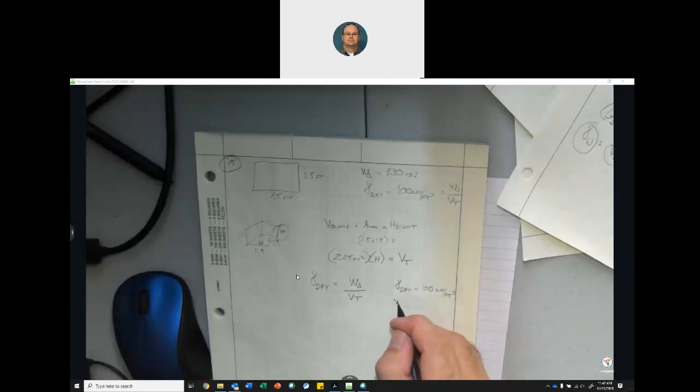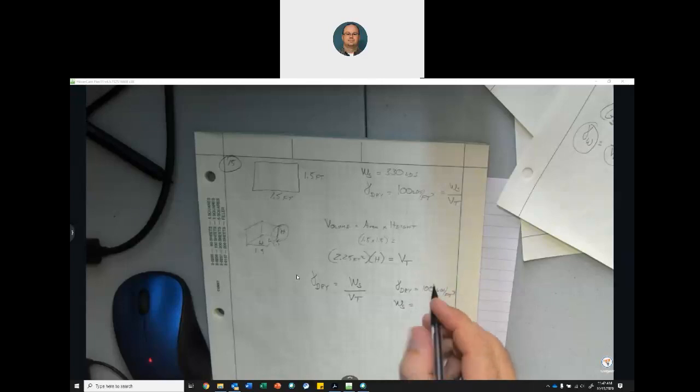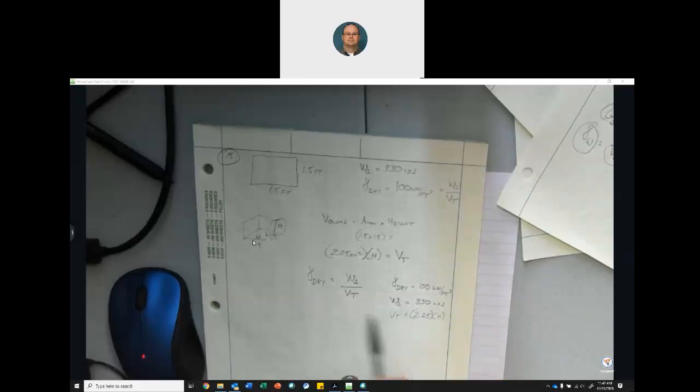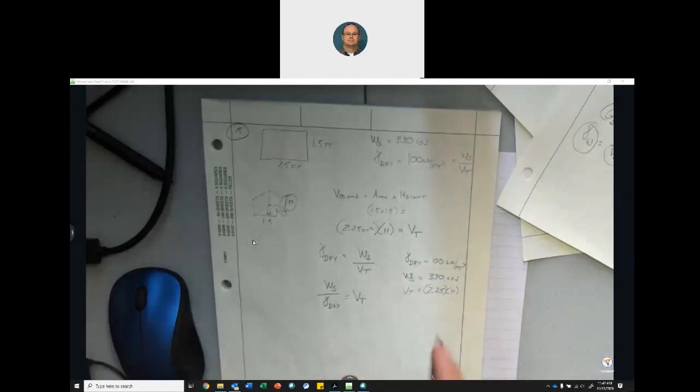My weight of solids equals 330 pounds, and my total volume equals 2.25 H. So I have a variable in here, the H is in the VT. Now I've got to solve for that. So weight of solids divided by the dry unit weight equals the total volume.